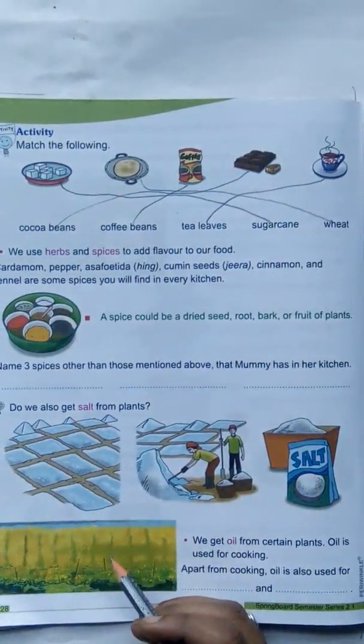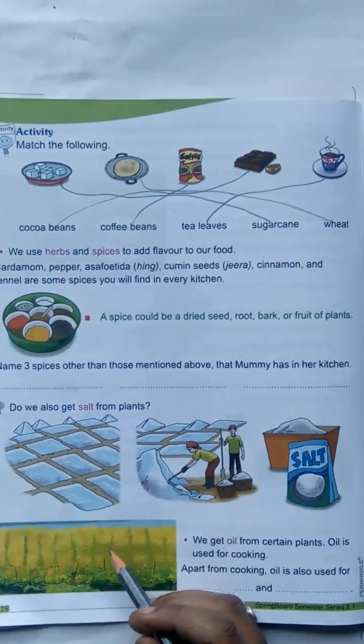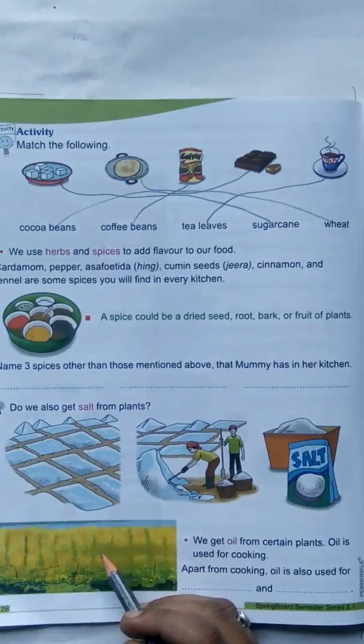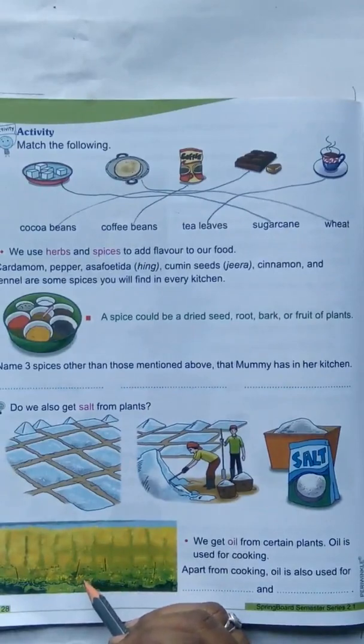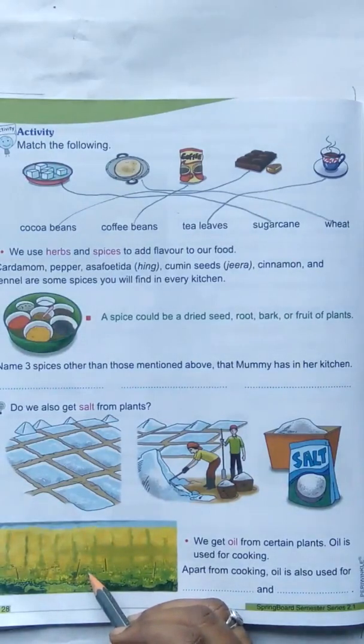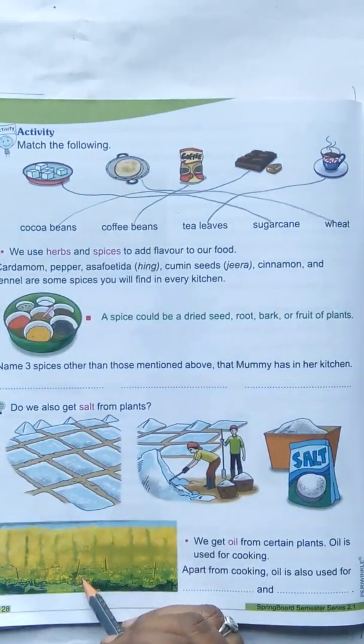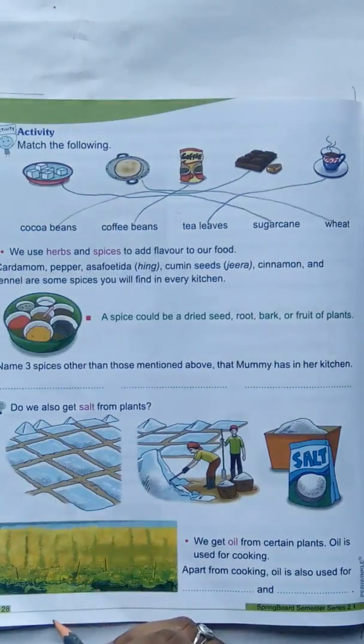Next, we use herbs and spices to add flavor to our food. For example, herbs means coriander, spices means cardamom, pepper, asafoetida, cumin seeds. Asafoetida means hing. Cumin seeds means jeera.